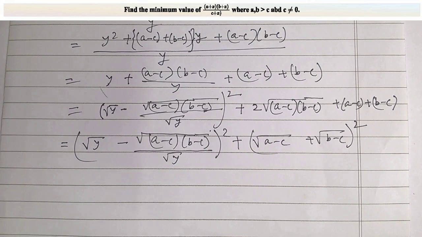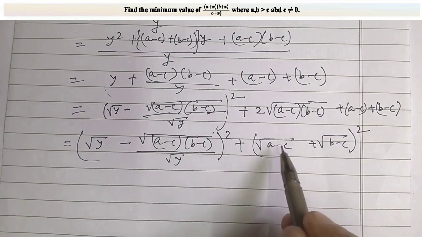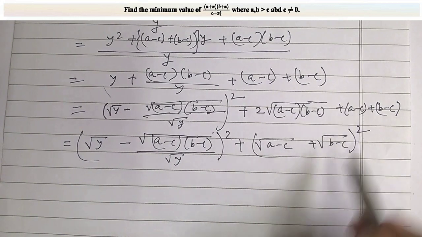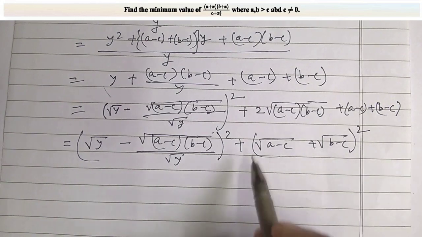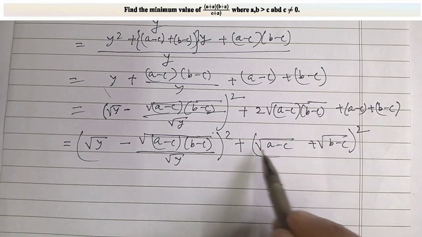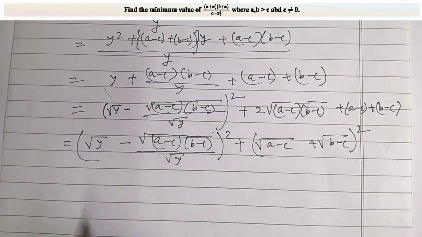Because if we expand this, then it will be a minus c as it is, b minus c as it is, and the cross term 2 into this, no problem.